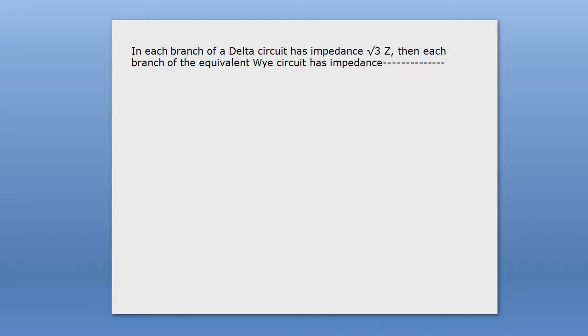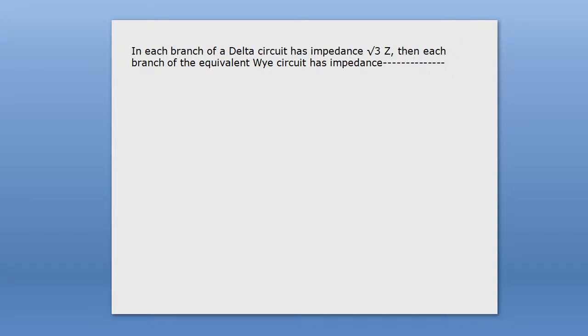What will be the value of impedance for each branch of the T or Y circuit? First obtain the value of T circuit element impedance by using the value of delta circuit element impedance. Everyone solve it yourself and tell me the answer.